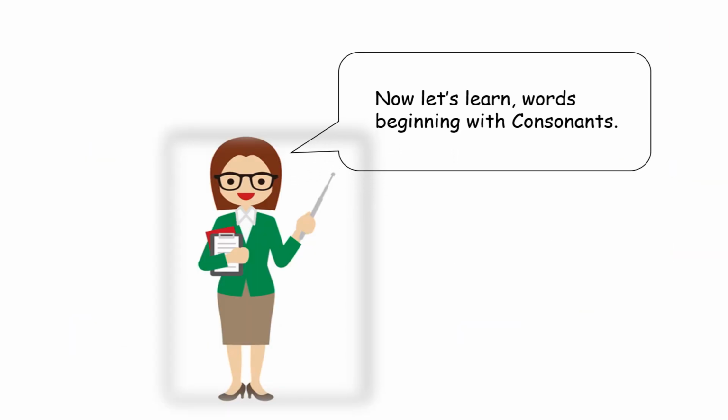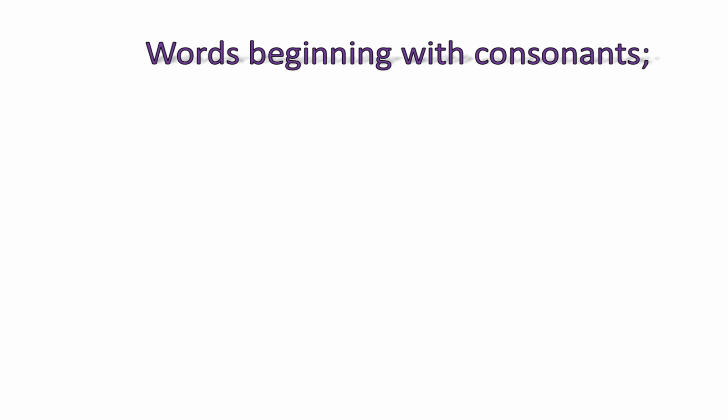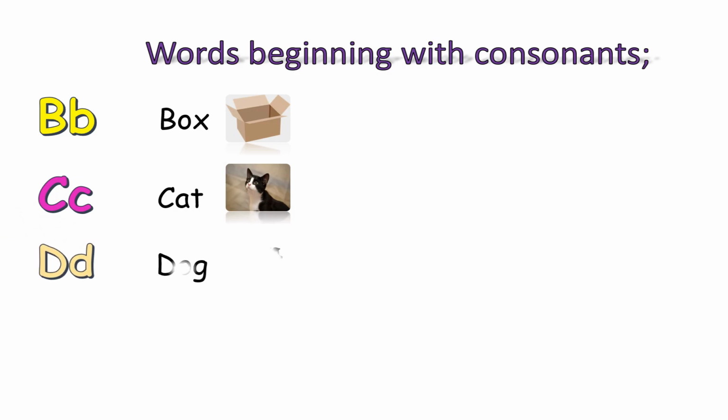Now let's learn words beginning with consonants. B, B, box. C, K, cat. D, D, dog.